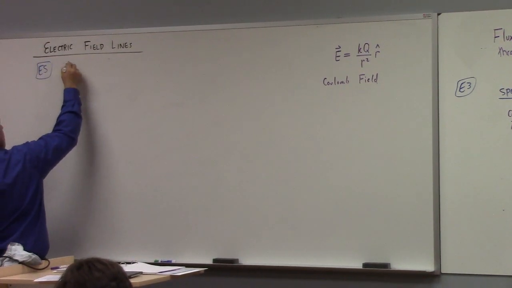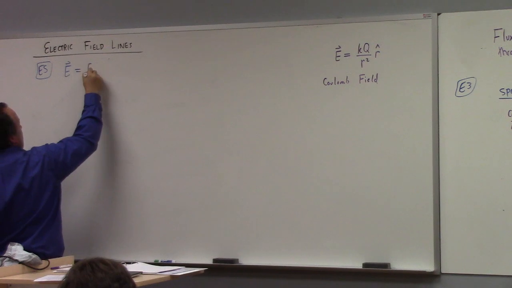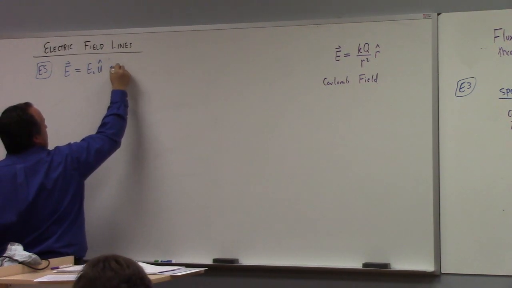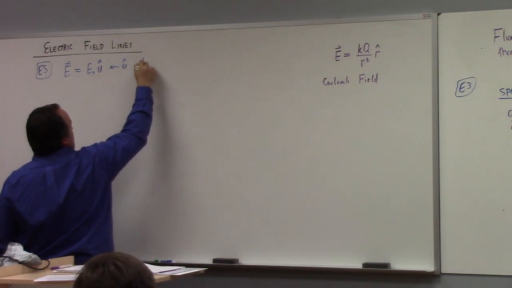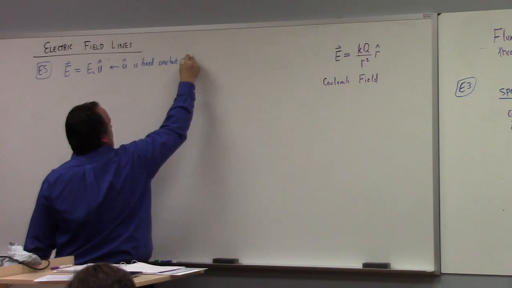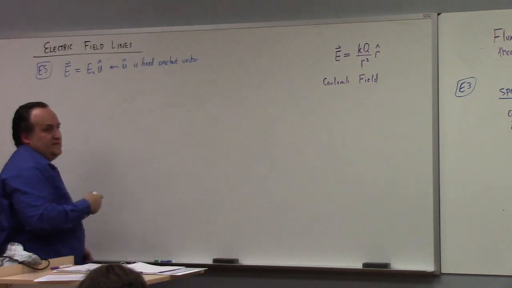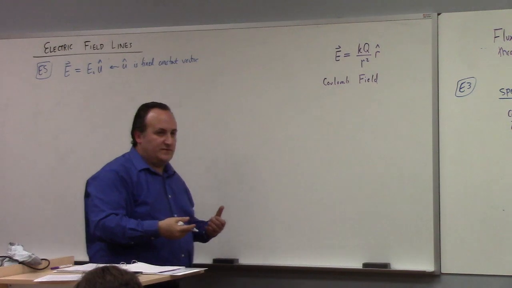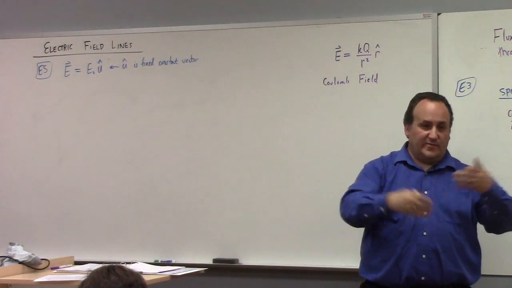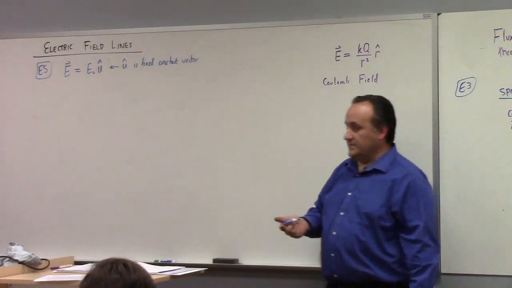Suppose you've got electric field equal to E naught times U hat, where U hat is a fixed constant vector. So this is just a fancy way of telling you that the electric field is constant, right? It's pointing in the U hat direction no matter where you go. It's a very boring electric field.